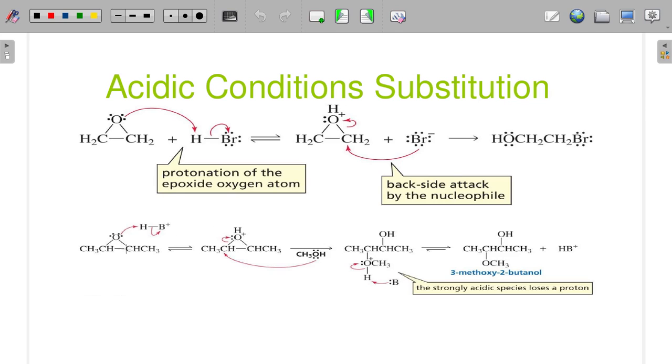And there's not really anything that changes about that if we actually add more things to it. We still get an OH on one side and a Br on the other. But if we actually change and put a different nucleophile in there, a better nucleophile ends up attached rather than the Br. So we could safely say this is any nucleophile. And almost any nucleophile will attack the backside of that protonated epoxide.